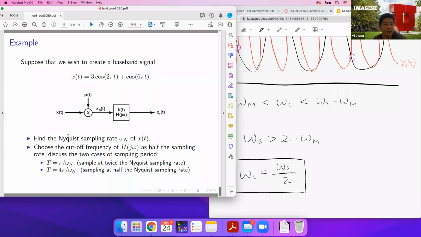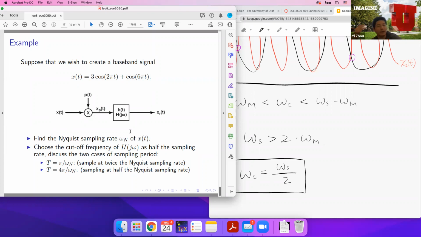Okay, and this is a simple example. We can briefly go over the first one. We have an input signal given as follows, x(t), and the first question is to find the Nyquist sampling rate of x(t). It's very simple.